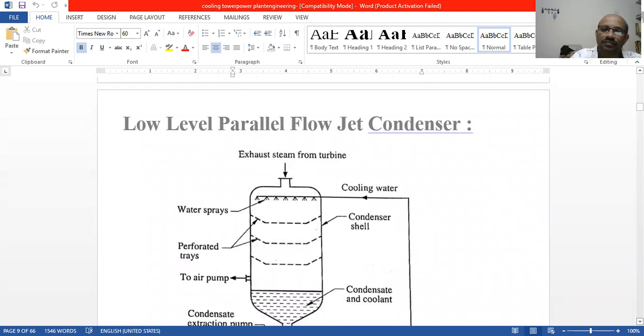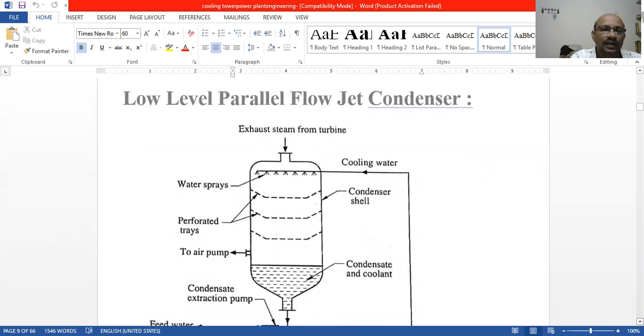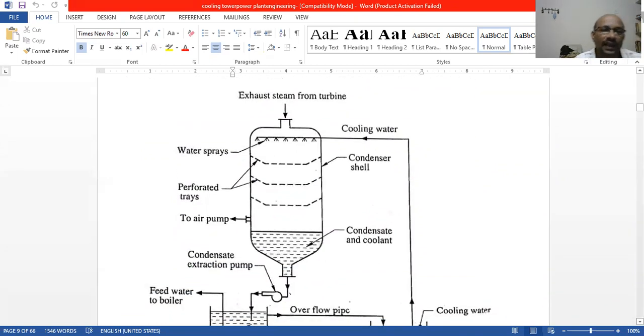Here you see one tank will be there. Please kindly observe this figure. Exhaust steam from the turbine is coming.